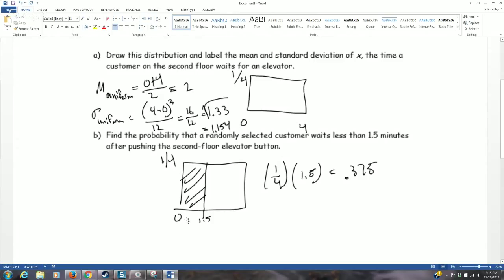So the length here is 1.5. The height happens to be 1/4. And if I type that in a calculator, I get 0.375, which in real world terms means the likelihood of someone waiting less than 1.5 minutes, about 37–38% of the time someone would wait less than 1.5 minutes for this elevator, given all these other parameters that they gave us.